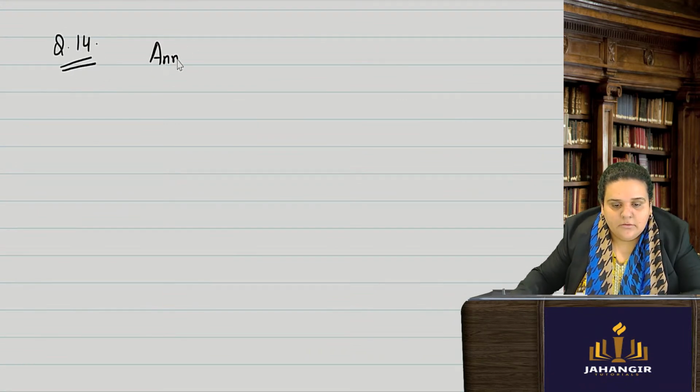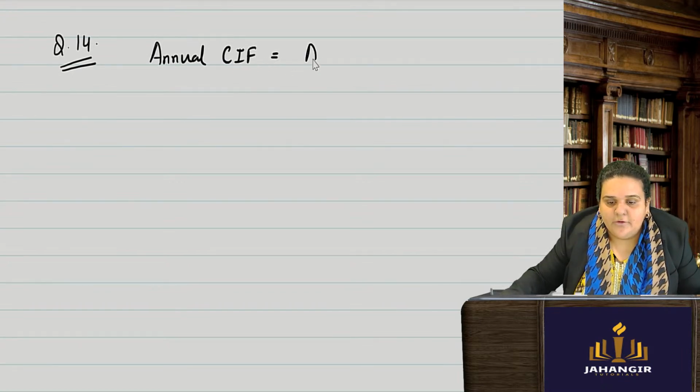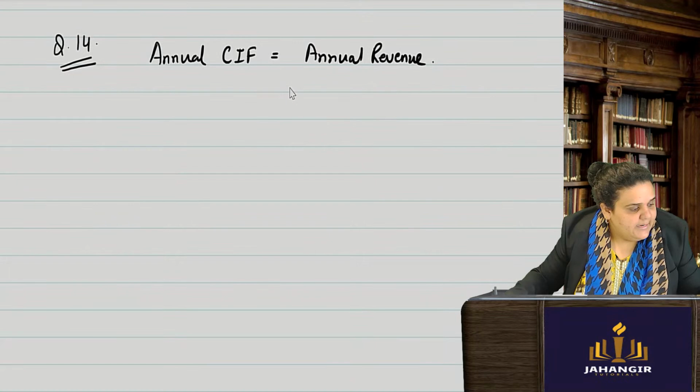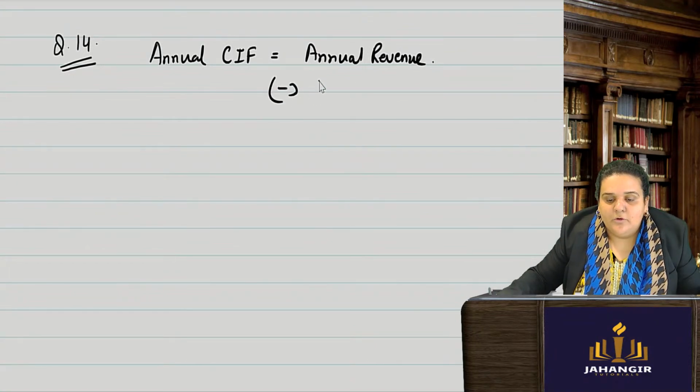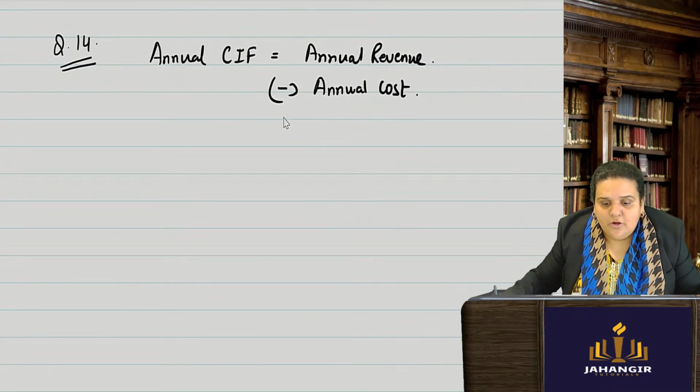Annual cash inflows. Okay, inflow will be your annual revenue. They have given me that. From that, I will have to subtract my annual cost. And whenever they are giving you depreciation, always add it back.